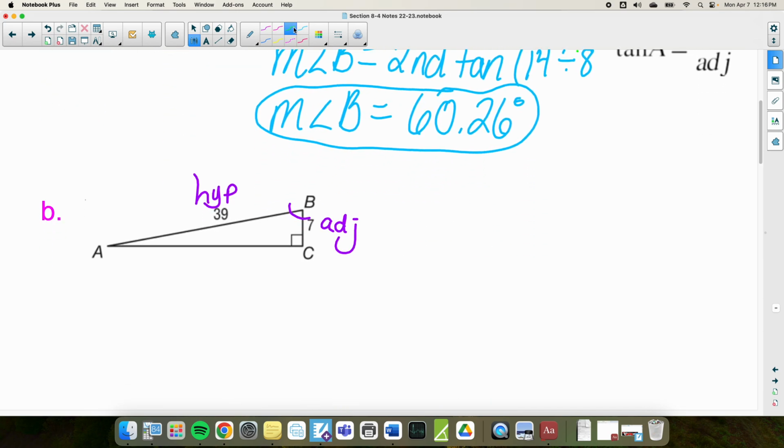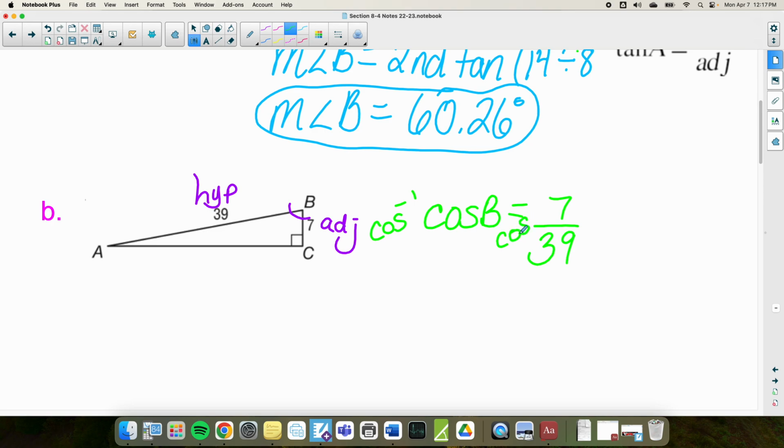So what I'm gonna do then is I'm gonna say cosine of B equals, adjacent is 7, hypotenuse is 39, okay? Adjacent is 7, hypotenuse is 39. So then what I do is I do that inverse cosine of both sides.